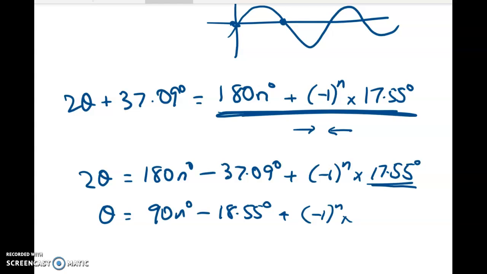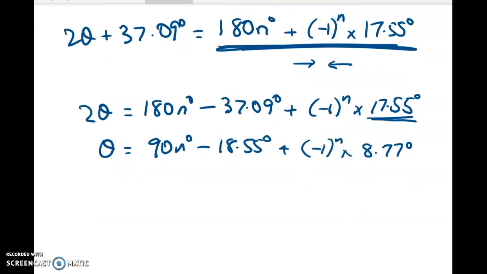So that gives me 8.77 degrees there. Next step, when I get n equals 0, that works out to be too low.